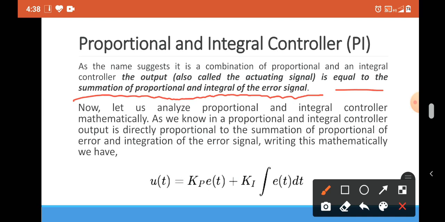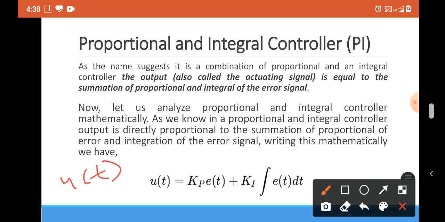If you want to write it with the usual proportionality sign, your u of t will be in proportion to the error signal e of t, plus the integral of e of t dt.